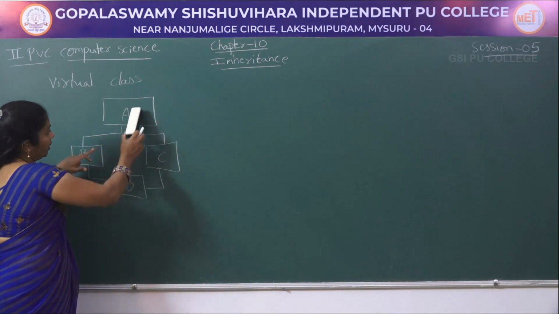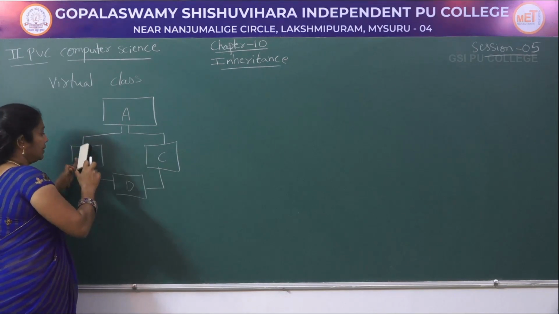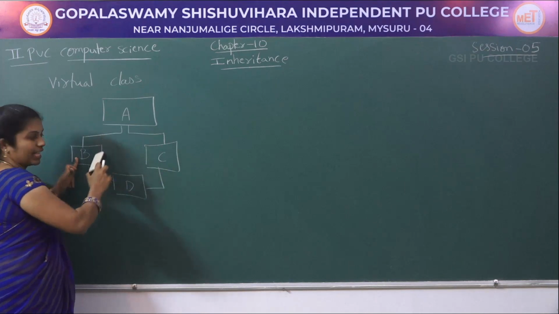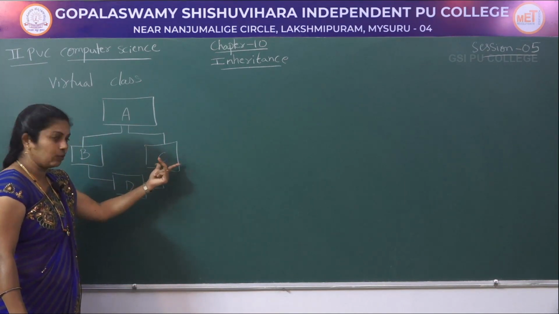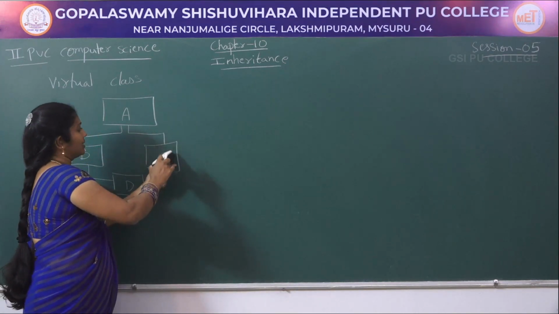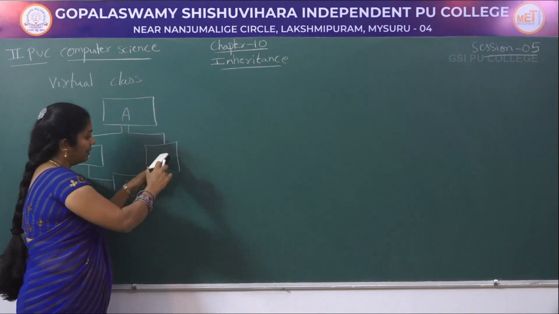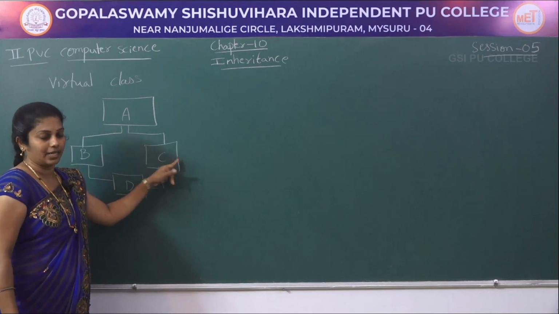See, the properties of A are transferred to B. That means class B has the properties of A as well as additional properties. If we come to class C, this is one more derived class derived from the base class A. It means that C has the properties of A as well as additional properties.